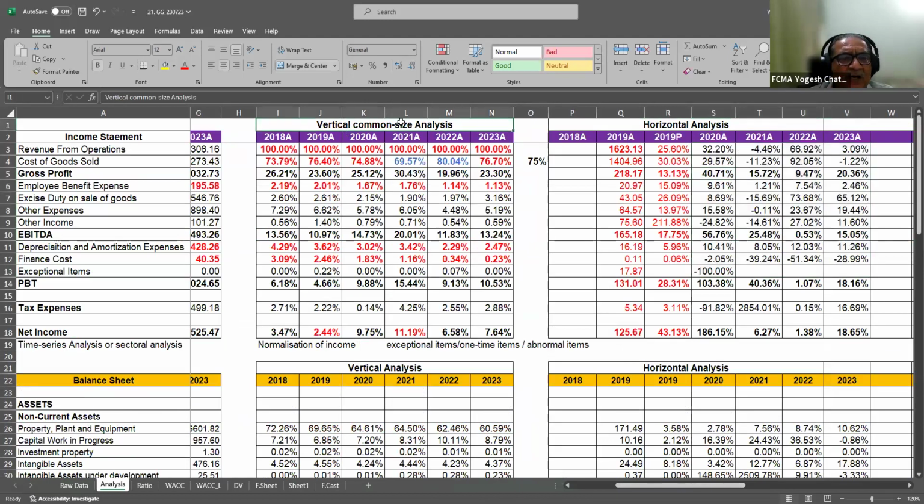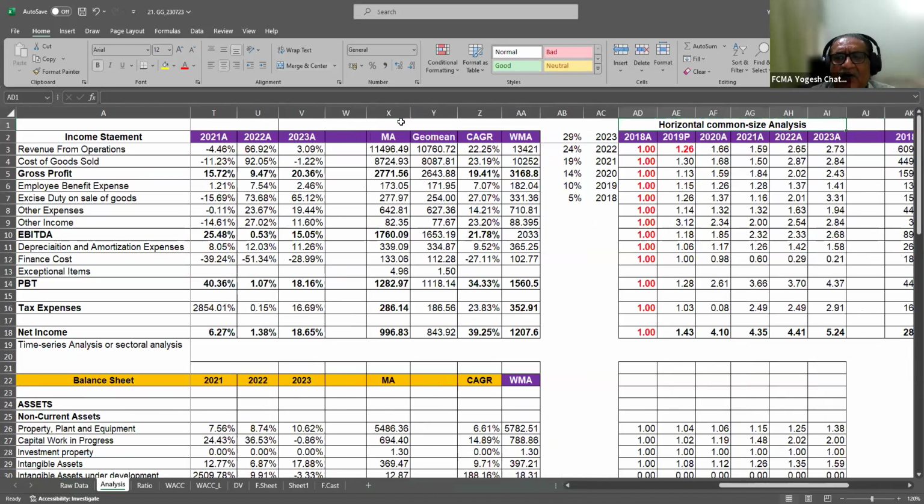So far we have completed the vertical common size analysis, the horizontal analysis, and the horizontal common size analysis. Now we can find out the compounded average growth rate. It is very important in valuation, and is widely used for making projections.